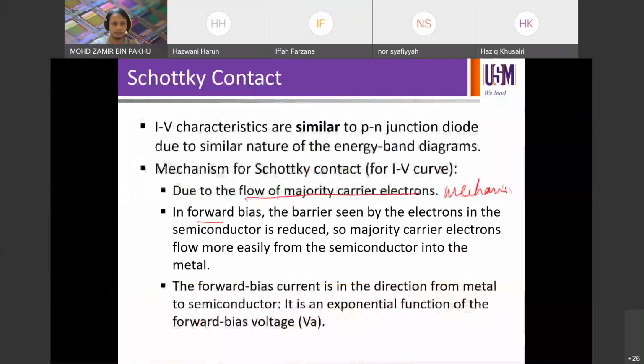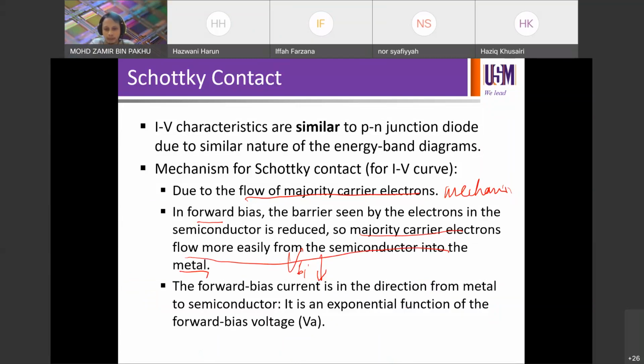If you do forward biasing, the VBI is reduced on the semiconductor side, so the majority electrons from the semiconductor can flow into the metal. The EF to begin with is higher than the EF in metal. The forward bias current is in the direction from metal to semiconductor, right?